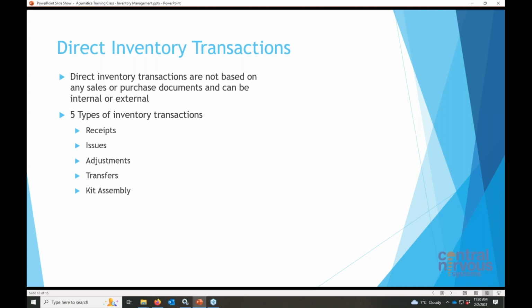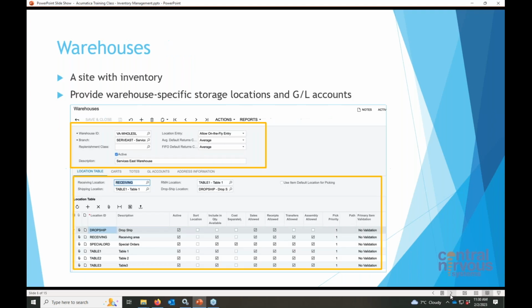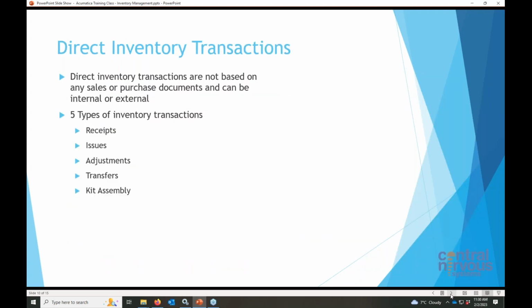Transfers between warehouses. Again, looking back at that distribution flow, those transfers might include moving from warehouse 1 to a retail location, or moving product between warehouse 1 and warehouse 2. So we're seeing an in and an out between 2 intercompany warehouses.